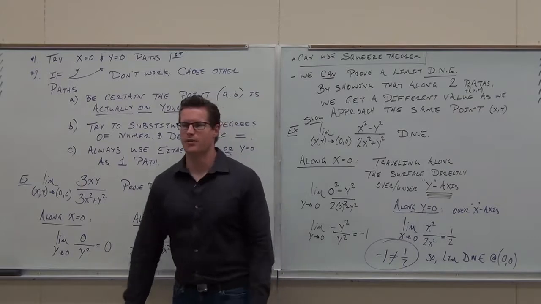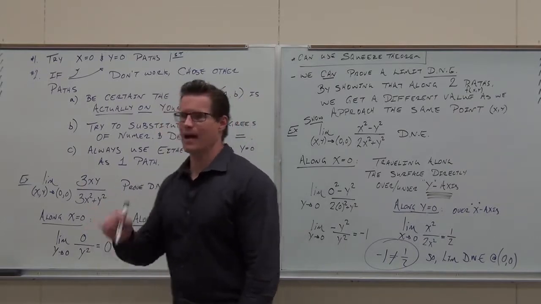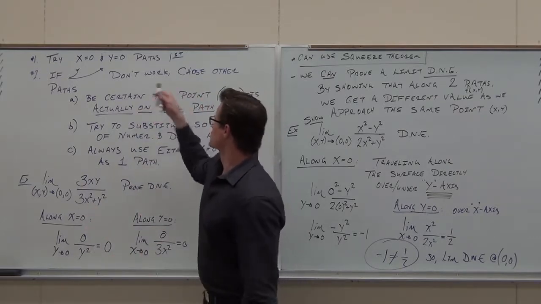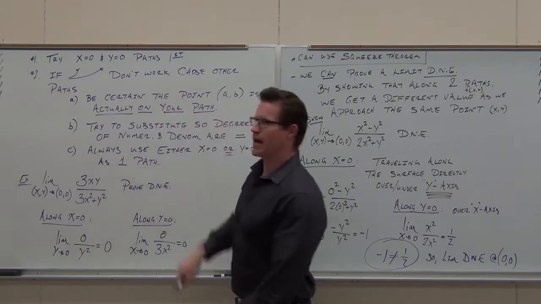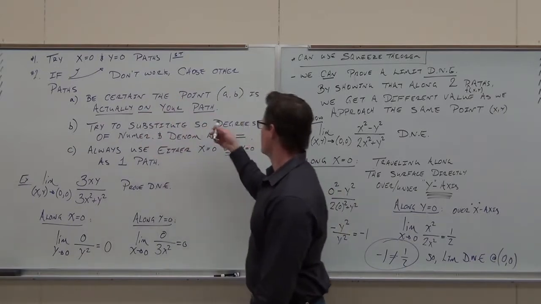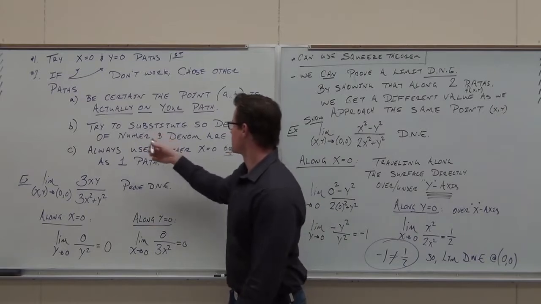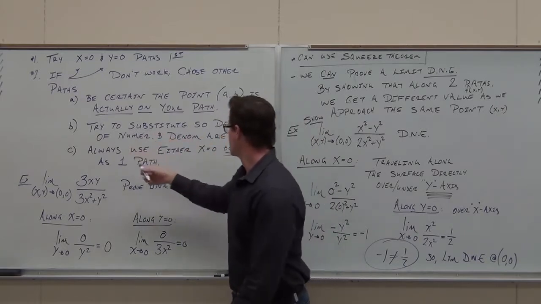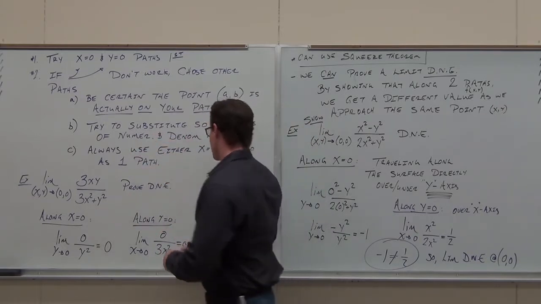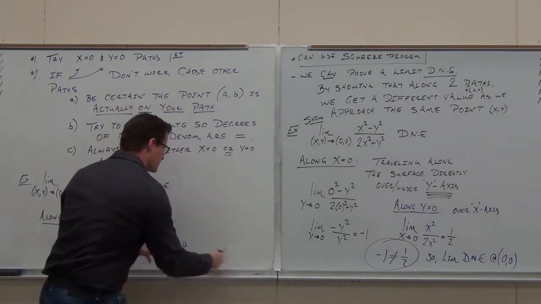Let's pick another path. Here's how to pick the other path. First, be certain the point you pick is actually on your path. Substitute so that this is the big one, so that the degrees of the numerator and denominator are equal. So here's the other path I would choose.